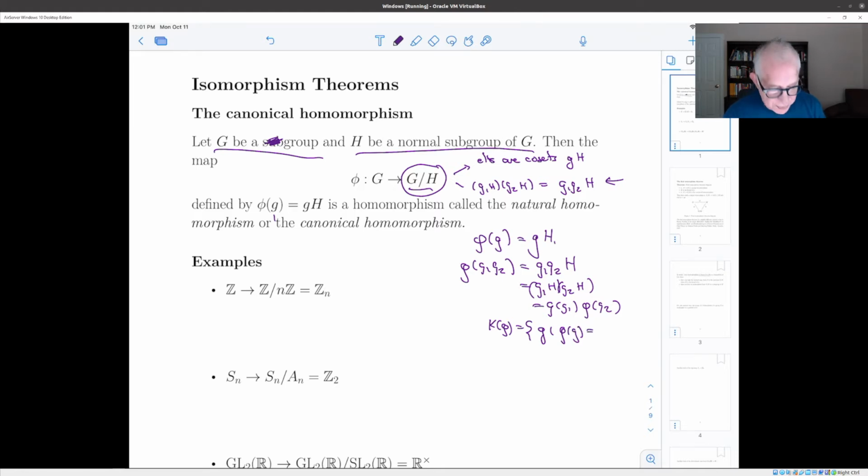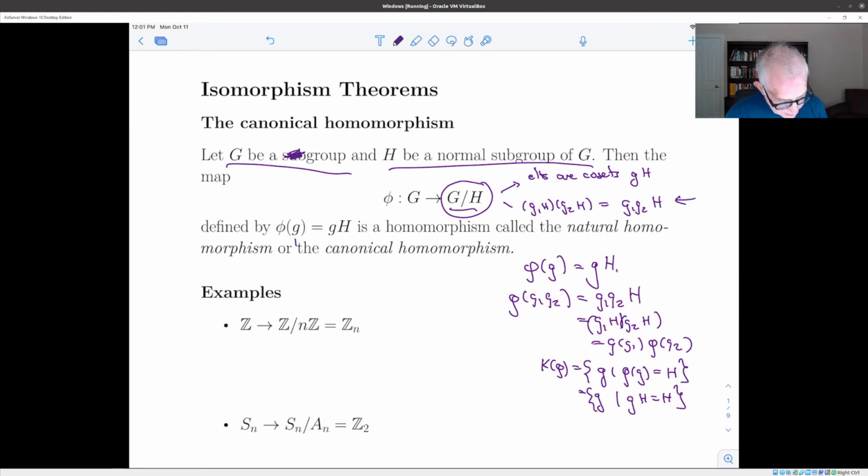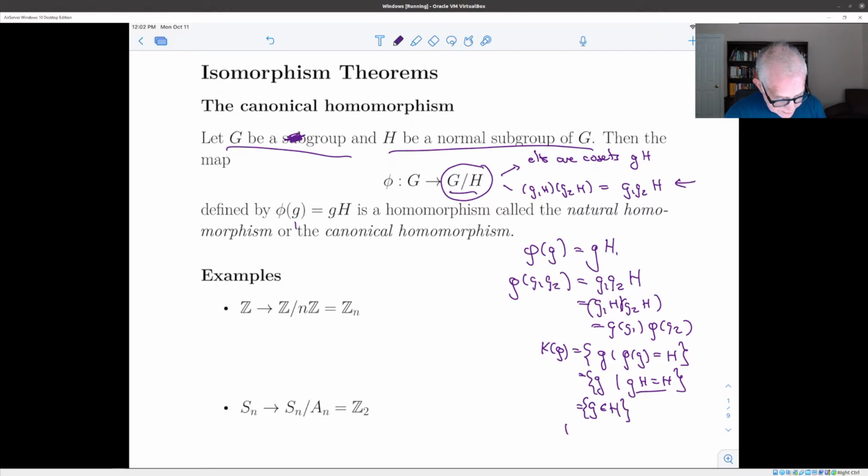But the identity of this group is the coset H. So in other words, it's the collection of elements g such that the coset gH is equal to H. And by Proposition 6.3 that everybody sweated over, this is precisely the condition that g has to be in H. So in other words, the kernel of phi is H.